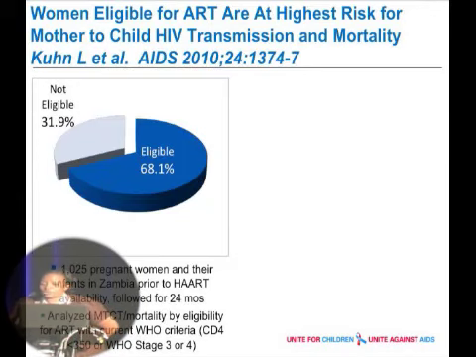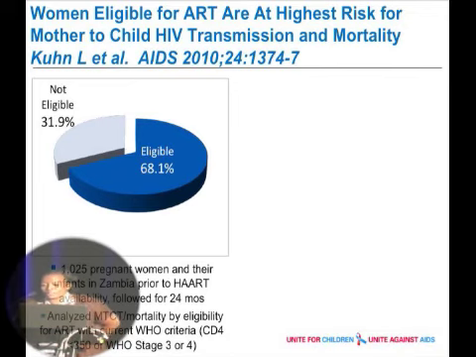So linked to that discussion was also the understanding that when you look at women coming to antenatal facilities, the key question is around how many of these women will actually need treatment and how many will need preventive therapy for PMTCT. This is work done in Zambia by Louise Kuhn and colleagues.